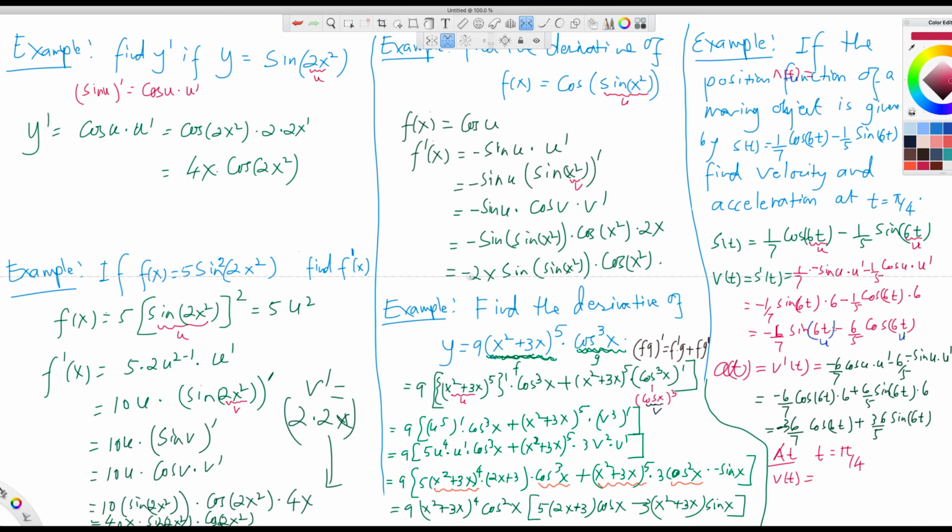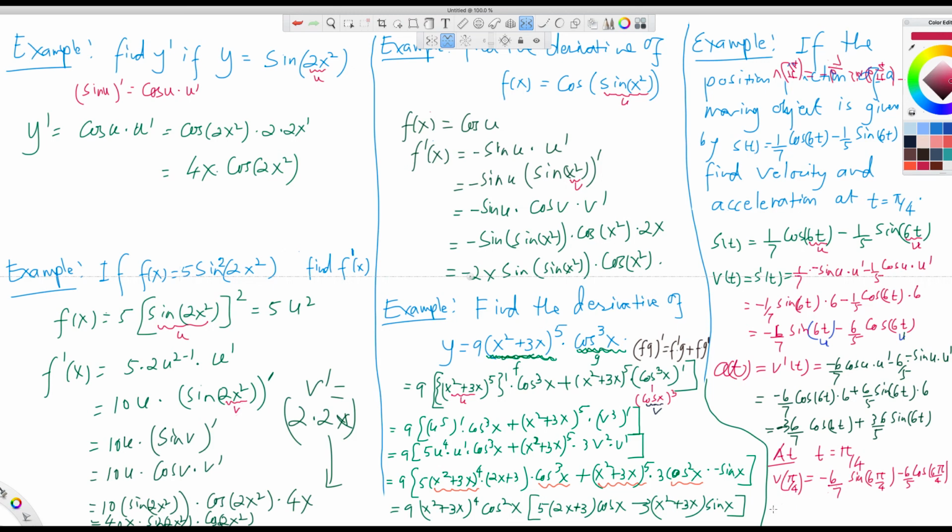So v at pi over 4 is negative 6 over 7 sine 6 pi over 4, minus 6 over 5 cosine 6 pi over 4. And you use a calculator to find the answer.